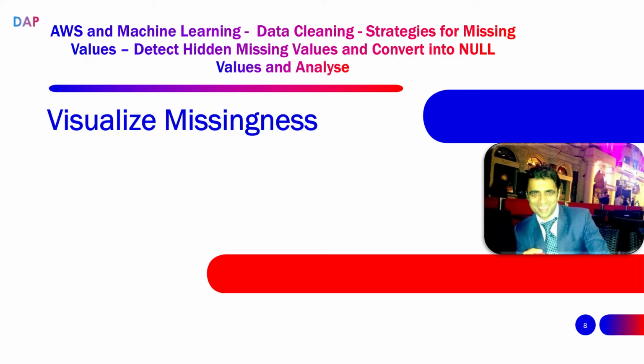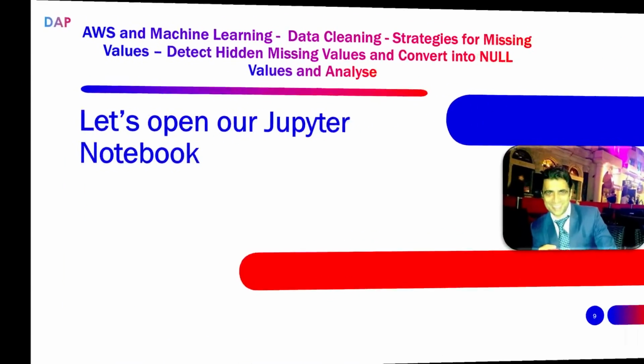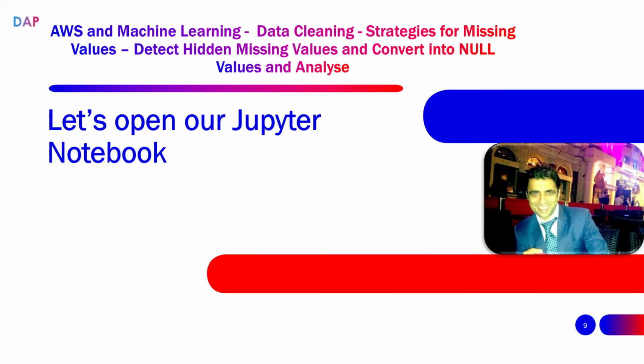Some of the information given in this lecture will be re-informing all of you, and I will create a structure, and this will start making more and more sense. I'm giving stress to missing values, detecting hidden missing values, converting, analyzing and imputing, because this is an extremely important phase of machine learning.